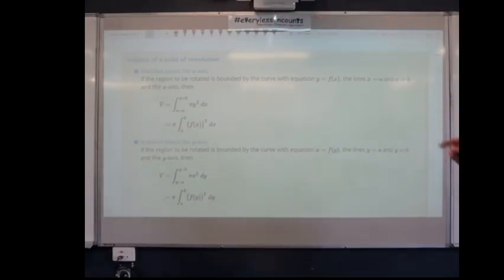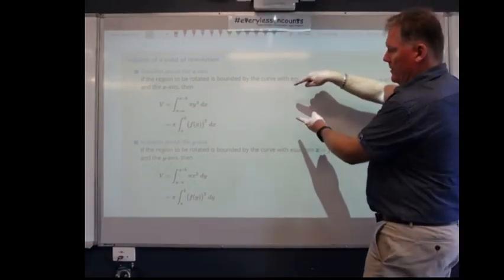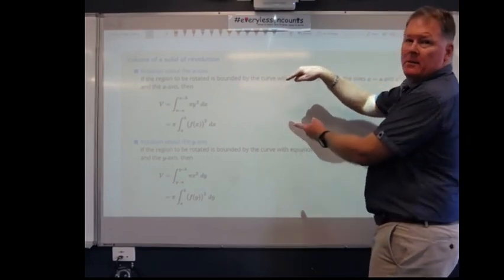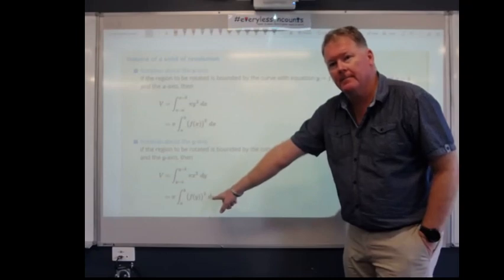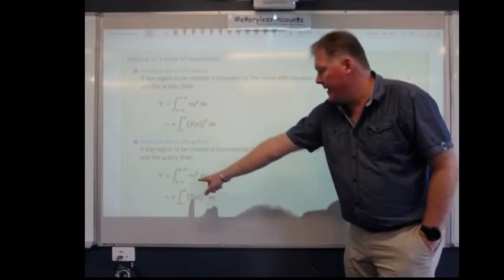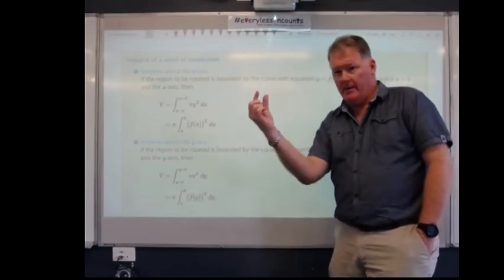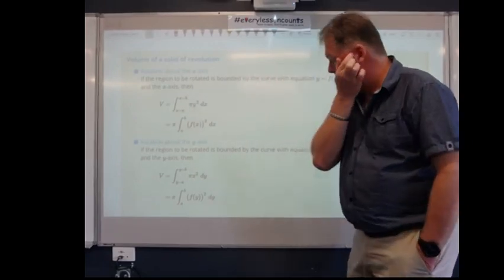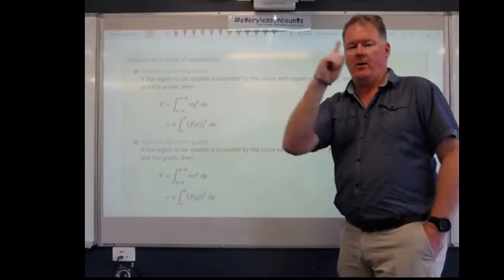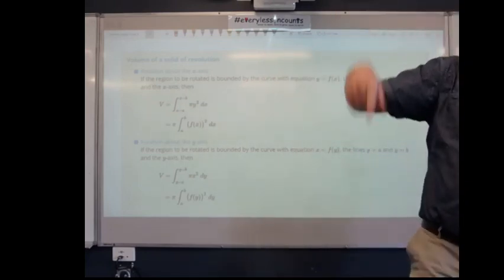Except the radius is now going to be on the y-axis. So I'm integrating with respect to y. And our radius is going to be along the x-axis, because our cylinders are horizontal rather than vertical.